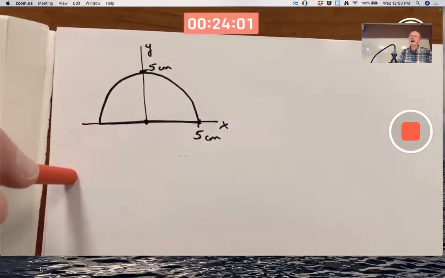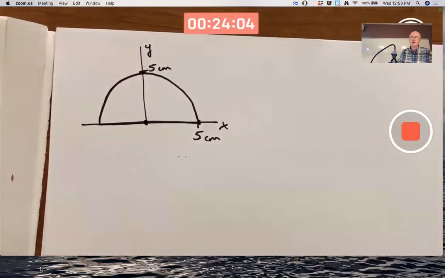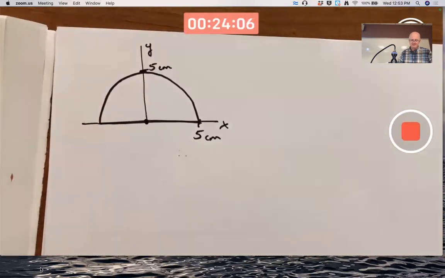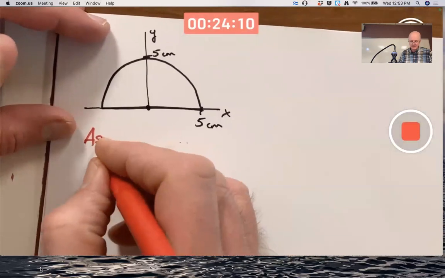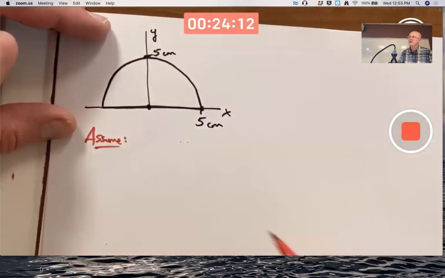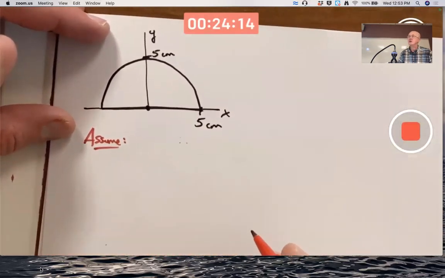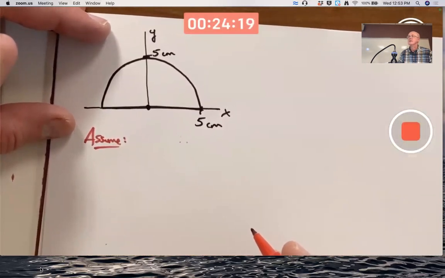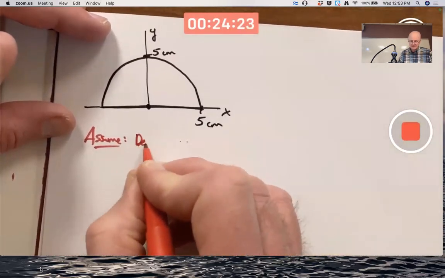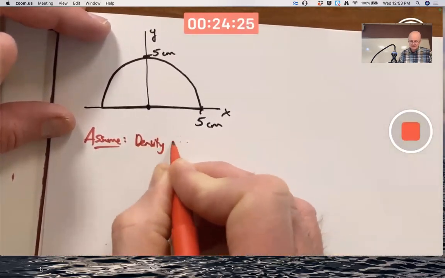If the density is not constant, you need multivariable calculus. For one-dimensional objects like thin rods we talked about on Monday, the density was a variable function. Here, we're going to assume the density is constant.